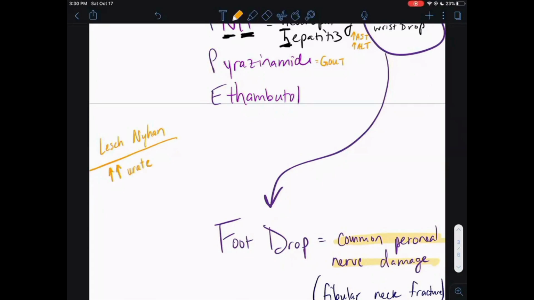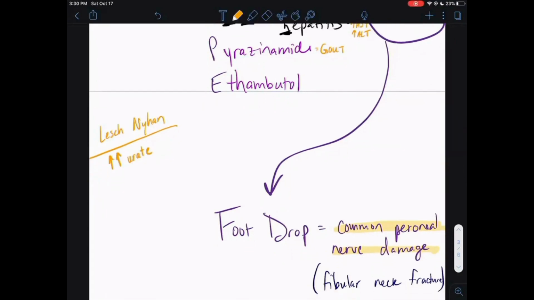And what happens here is you get something called an HGPRT deficiency. So it's a hypoxanthine-guanine phosphoribosyl transferase deficiency. All right, so you have to know this for the test, that Lesch-Nyhan is an HGPRT deficiency.